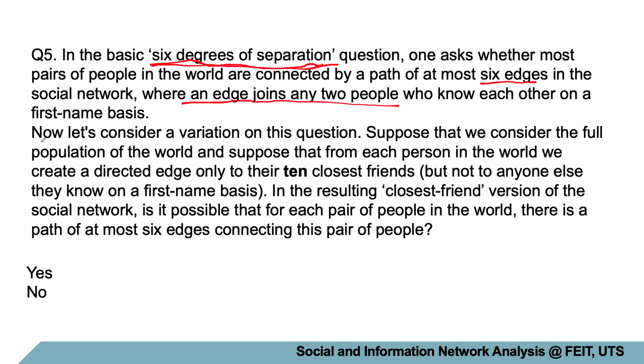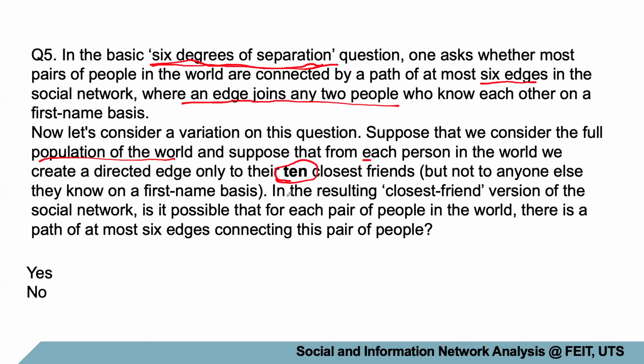So now let's consider this. Suppose that we consider the full population of the world, and suppose that for each person in the world, we create a directed edge only to their 10 closest friends, but not to anyone else they know on a first name basis.